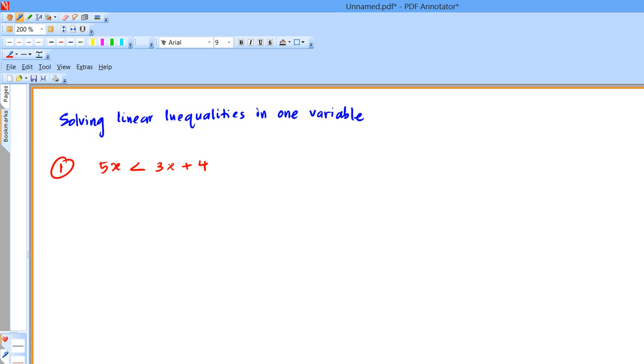We have 5x less than 3x plus 4. For your information, the steps to solve this inequality are the same as when we solve an equation. It means you need to bring the terms with the variable to one side and the constants to the other side.